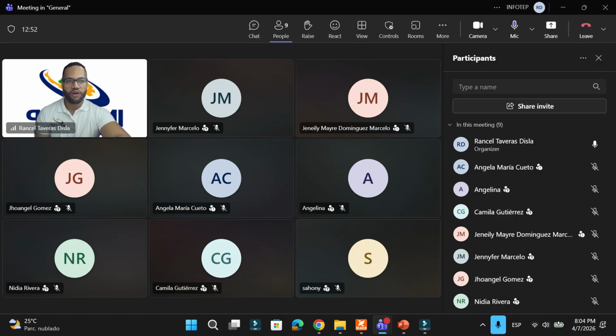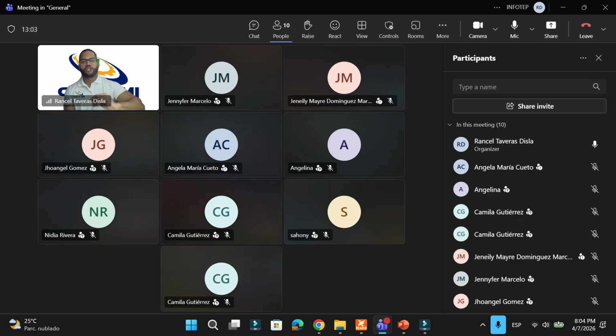Okay, so the first thing is that we have to review the verbs that you are going to study this week. Things are going to change a little bit regarding the verbs because you are used to working with 10 verbs per week, right? For this week, you're going to work with 12 verbs.